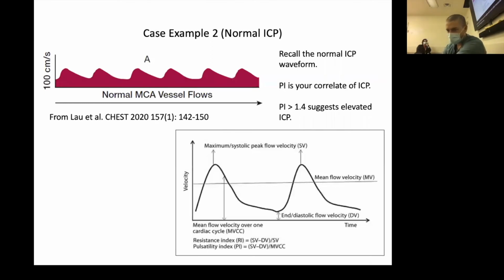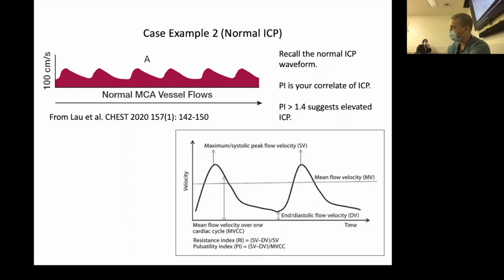So again, this all goes back to your knowledge of the basic MCA waveform. What does the normal MCA waveform look like? It has the sharp systolic acceleration, this sort of tapering stepwise diastolic. And the take-home point that I gave you before is that your pulsatility index is your correlate of your intracranial pressure.